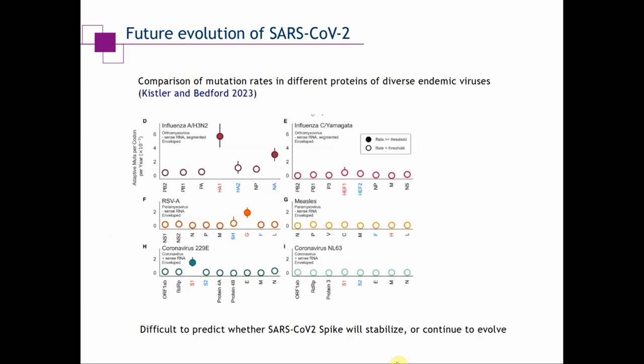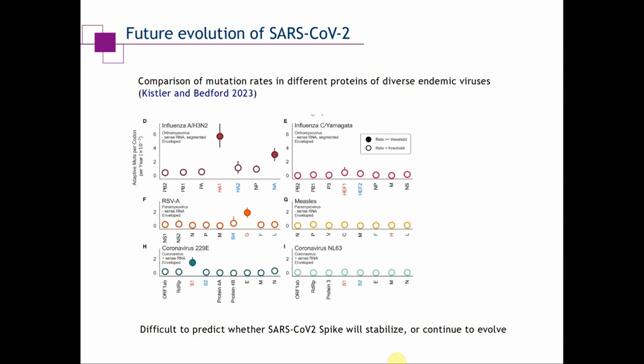But it's rather too early to really predict what's going to happen. We don't really know whether it's going to stabilize like this one or whether it's going to carry on mutating. And so far, the mutation rates in this paper for SARS-CoV-2 are like 18 or 20 on this scale. So it's really fast compared to all the other endemic human viruses.